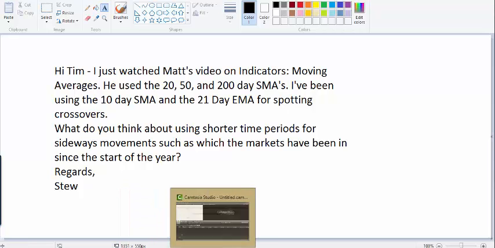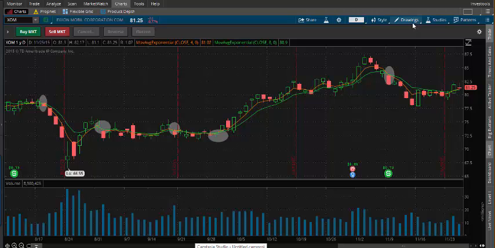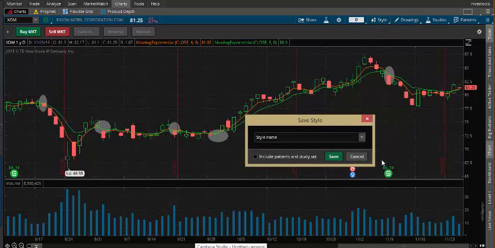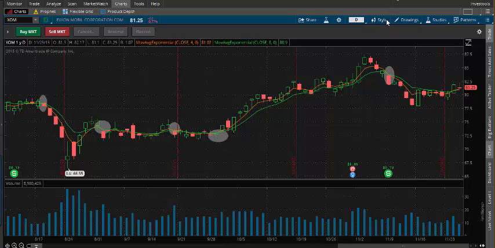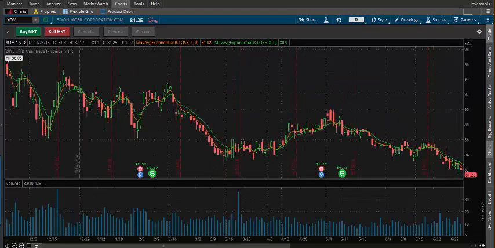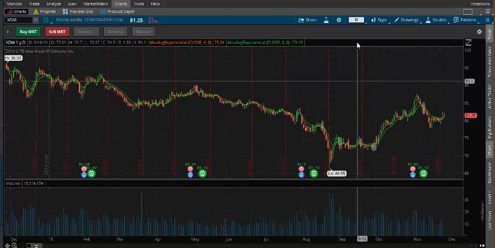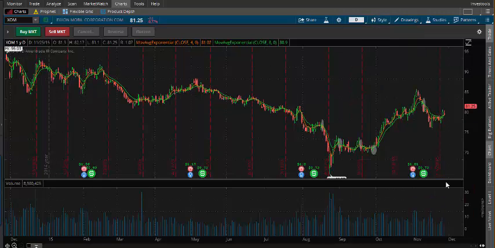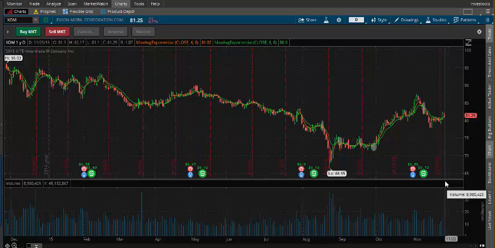When you're using the 20, the 50, and the 200, and I'm going to save this style as the 4-8 EMA, let's go back and load that other style for the 20, 50, 200 SMA. Maybe we didn't get it right in there. Maybe I didn't include the study sets.